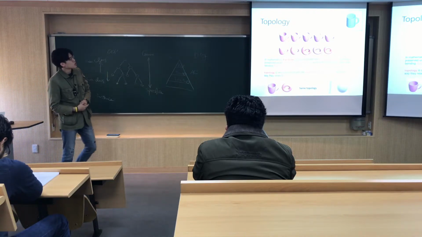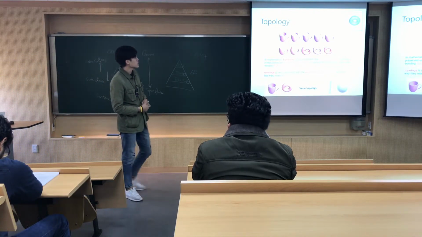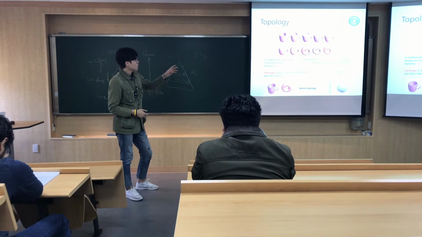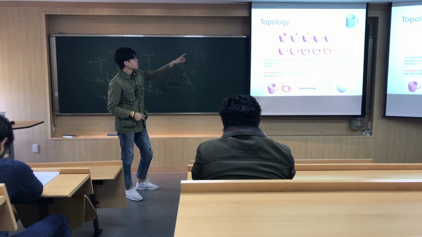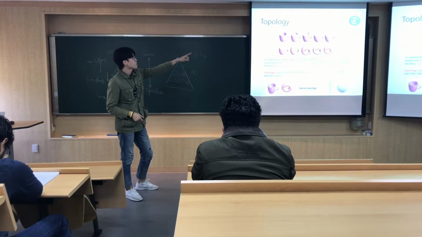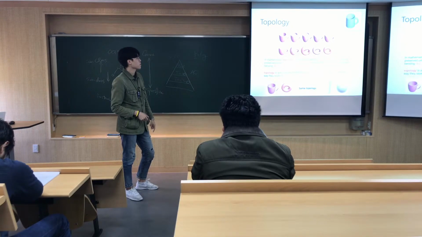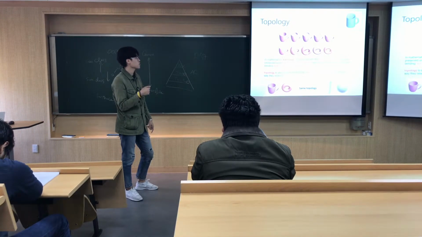So topology. In mathematics, topology is concerned with the property of space, of its continuous deformation. You can see the right upper figure, which is an animation. A cup with a handle can be transformed into a donut.